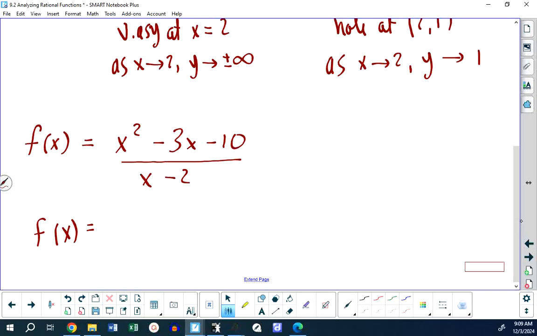I think negative 5 and 2. So we get x minus 5, x plus 2 over x minus 2. Well, big deal. We can't cancel anything because this factor on the bottom doesn't have an identical factor on the top. So we haven't wasted our time. We're going to learn something from this.